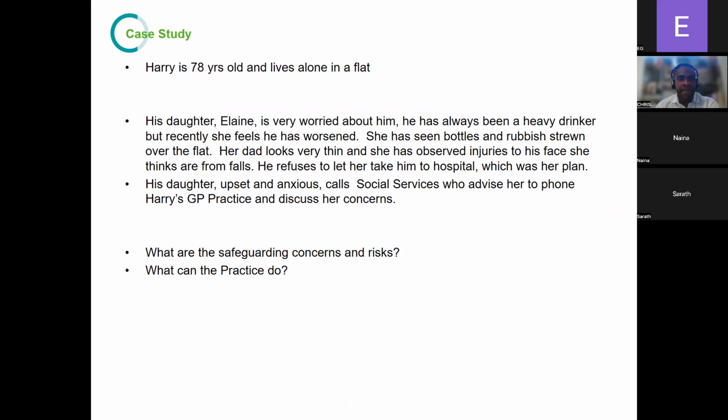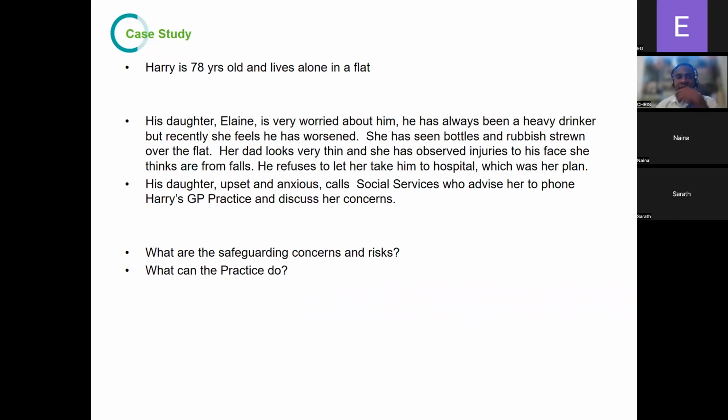Harry is 78 years old and lives alone in a flat. His daughter Elaine is very worried about him. He has always been a heavy drinker, but recently she feels he has worsened. She has seen bottles and rubbish strewn over the flat.